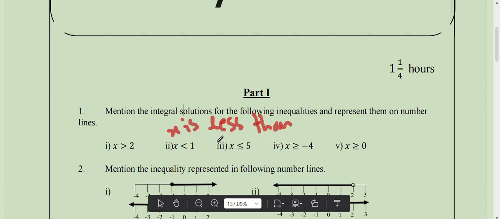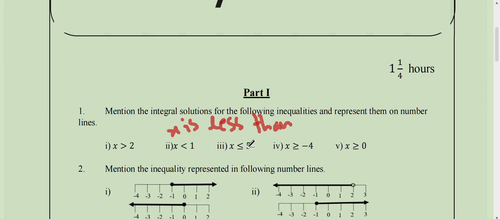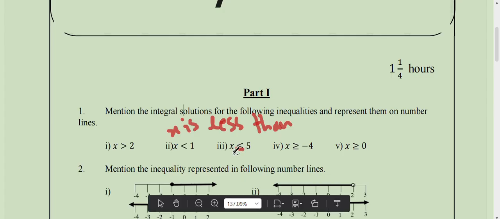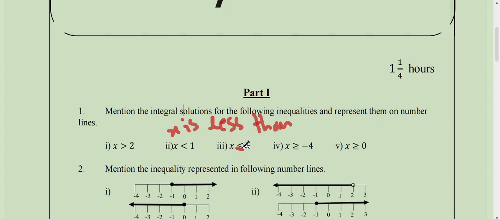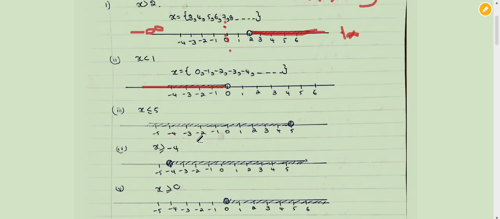Right. Third says what is represented? X is less than or equal, right? This symbol means equal. So this means x is less than or equal to 5. Okay, how do we represent that? First you also draw the number line.